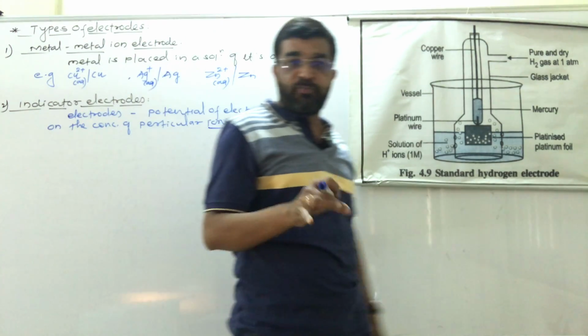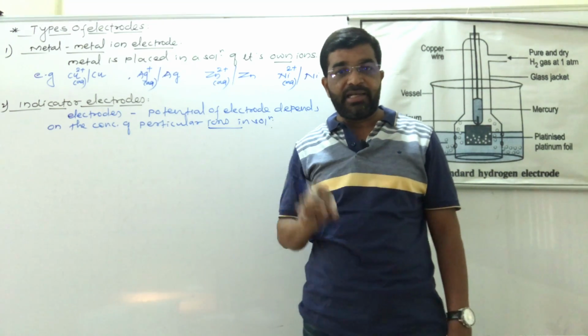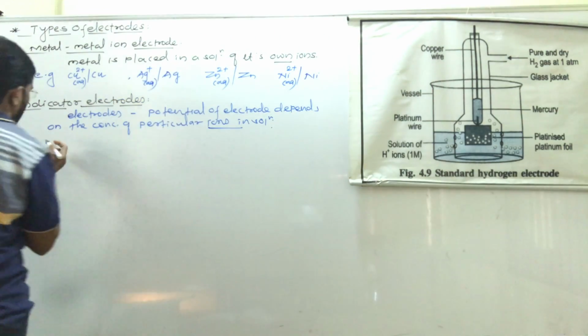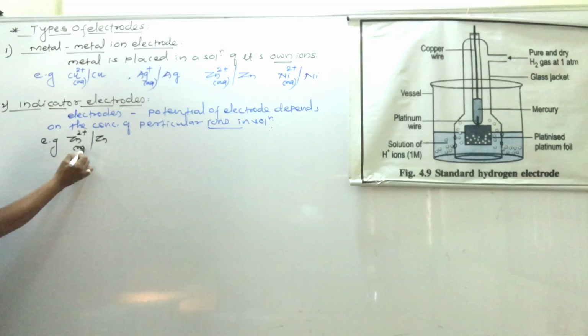That type of electrode is called an indicator electrode.